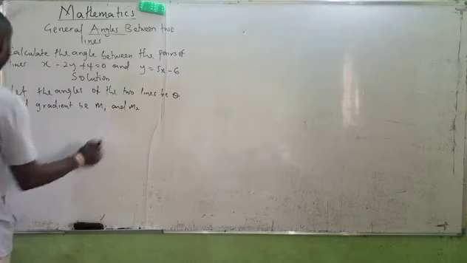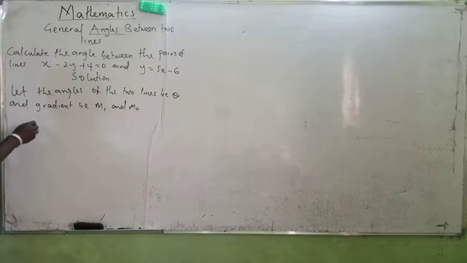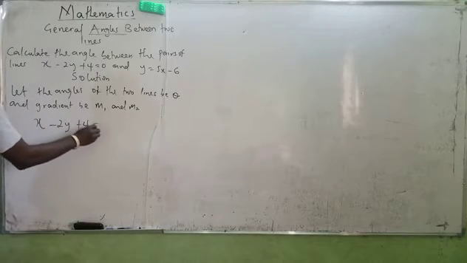For M1, I have the first line, x minus 2y plus 4 equals 0.